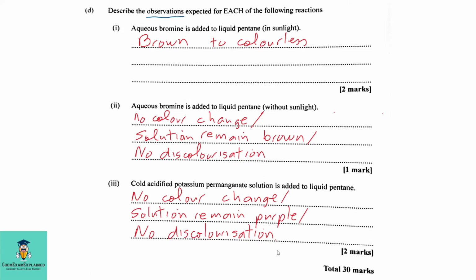What am I saying here? If my pentane is carbons 1, 2, 3, 4, 5, I have all my H's on my pentane.